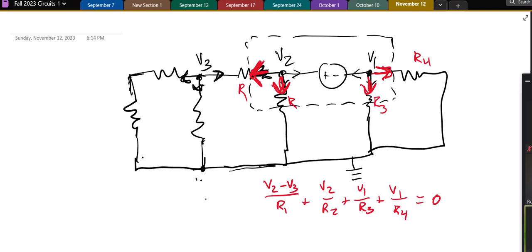And so I get that equation, and those are my four currents that are coming out of these nodes, plus I get my equation that relates V2 and V1, and that equation is I take the voltage on the plus side, V2, minus the voltage on the minus side, V1, and that's going to equal whatever this voltage is, Vs. And that's how I set up the equation for my supernode. And then V3, I just deal with it by itself. Does that answer that question?